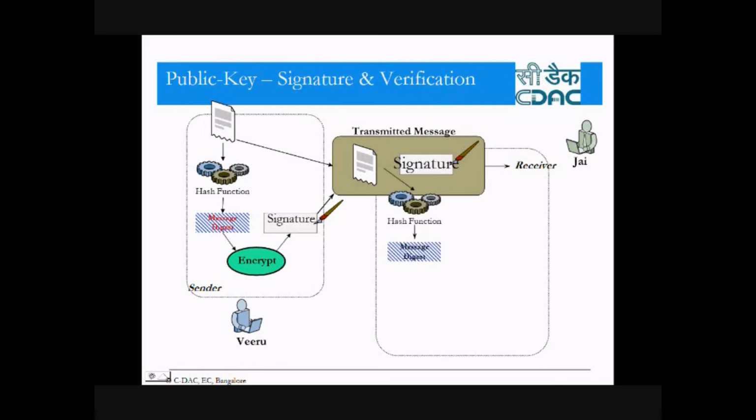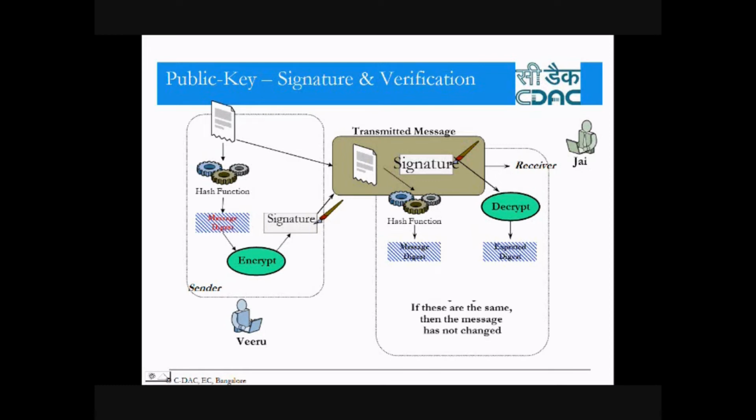So how can Jay verify this particular signature of Viru? Jay takes the content of the message, again passes it to the hash function and generates a message digest. Then he takes the signature component of the message and decrypts it using Viru's public key, and gets the message digest which was originally sent by Viru.